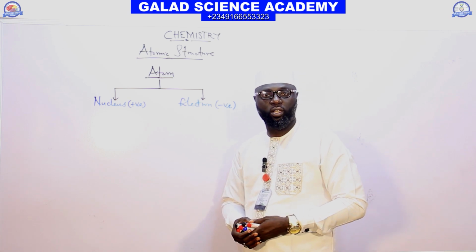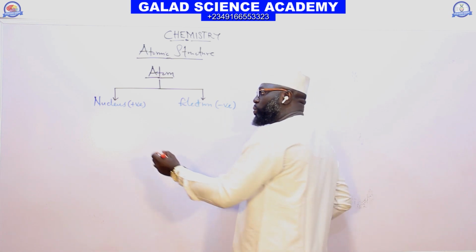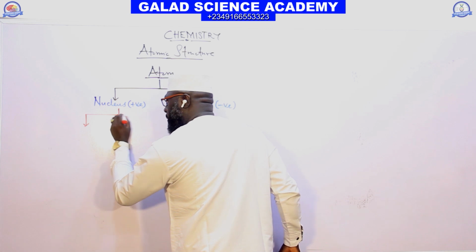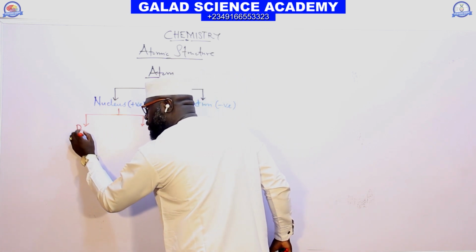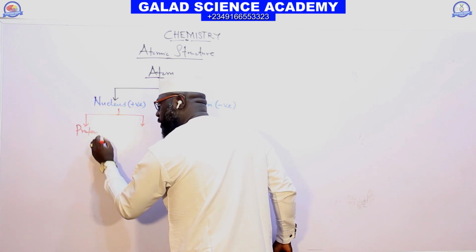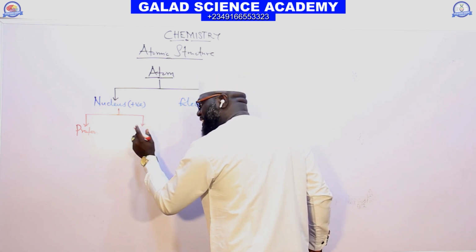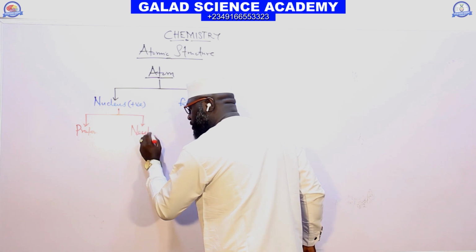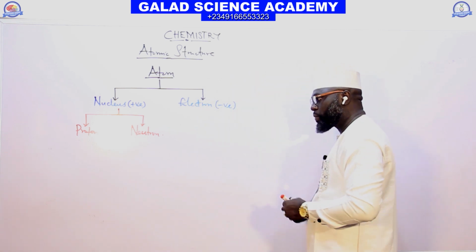The nucleus of an atom is also divided into two parts. In the nucleus of an atom, we have the proton, which is positively charged. The second one is the neutron.